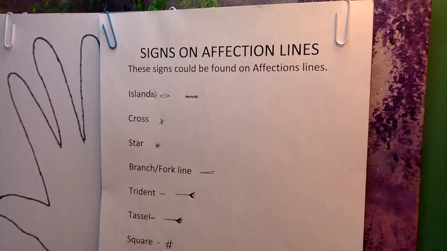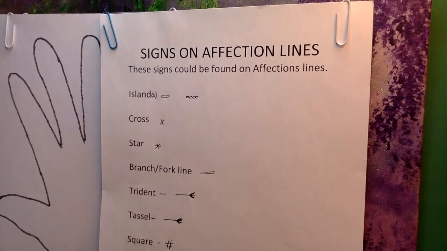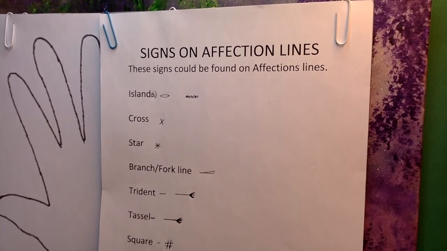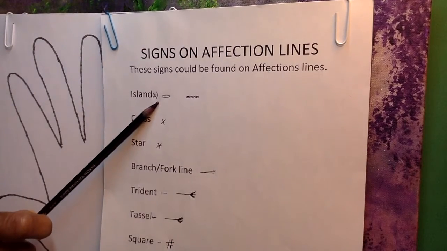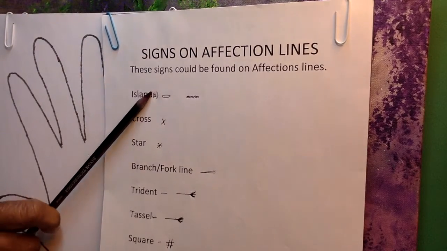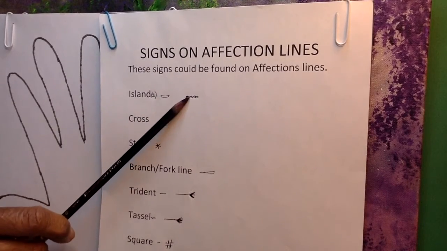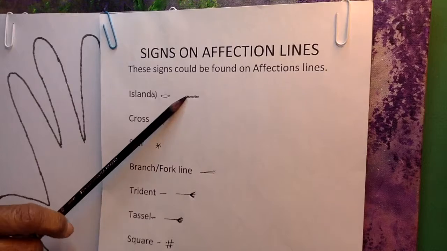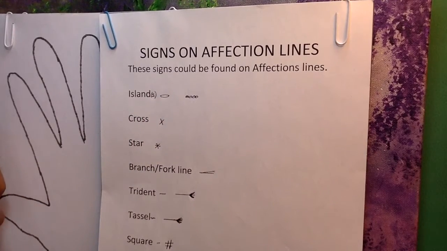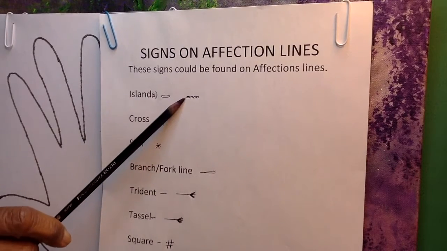Now, these are the signs that are most common, the ones I have here for you, and they are the islands that you've been introduced to. Here it is. It may be one island, which represents like an oblong circle, and then you have islands, a chain of them. So this could be on a line of affection, or these could be there.